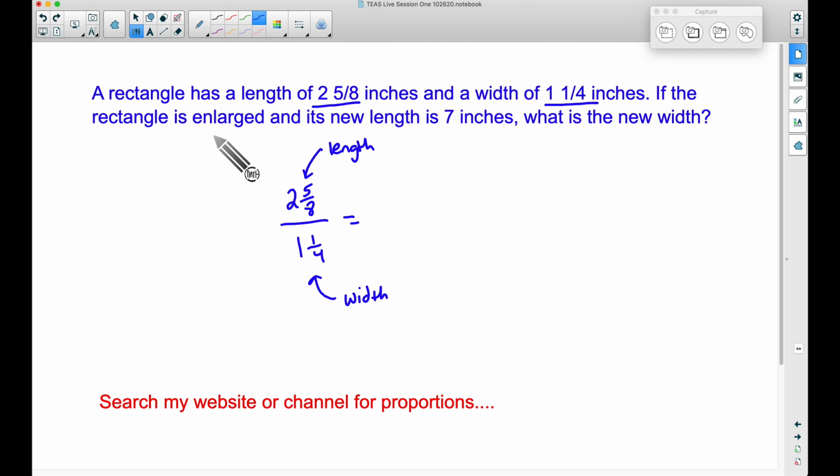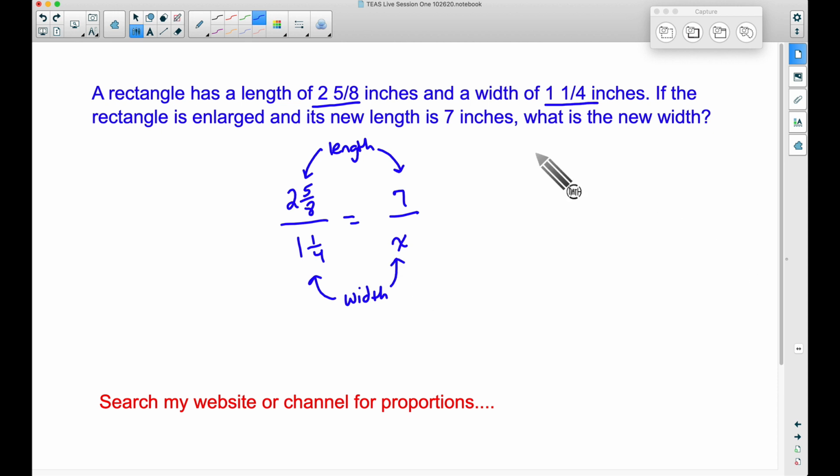Now, when this rectangle was enlarged, we have a new length of 7 inches. Since I put length at the top in this fraction, I want to put the length at the top in this second fraction. So that new length is 7 inches, and we're trying to find the new width. So this is what we're trying to find, the new width, and I'm putting an X down there.